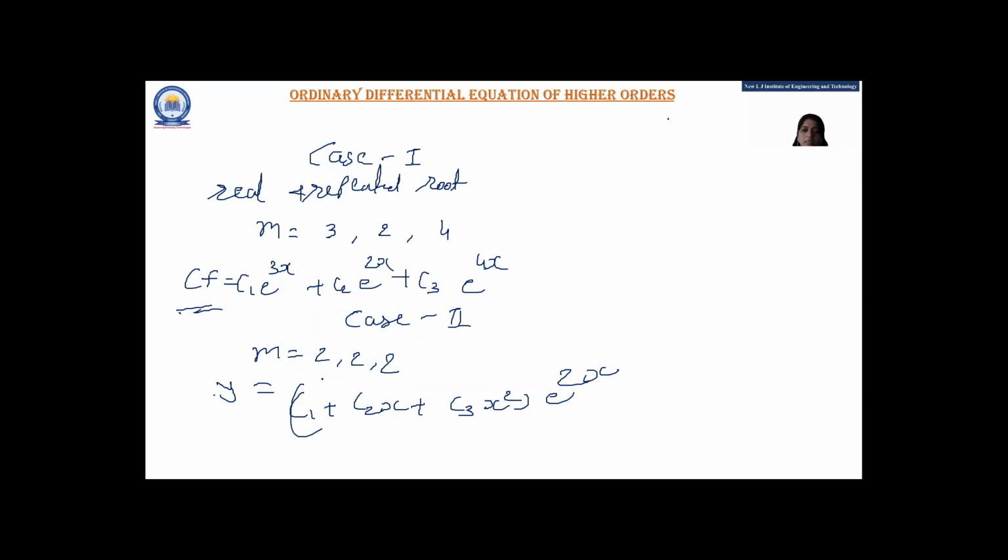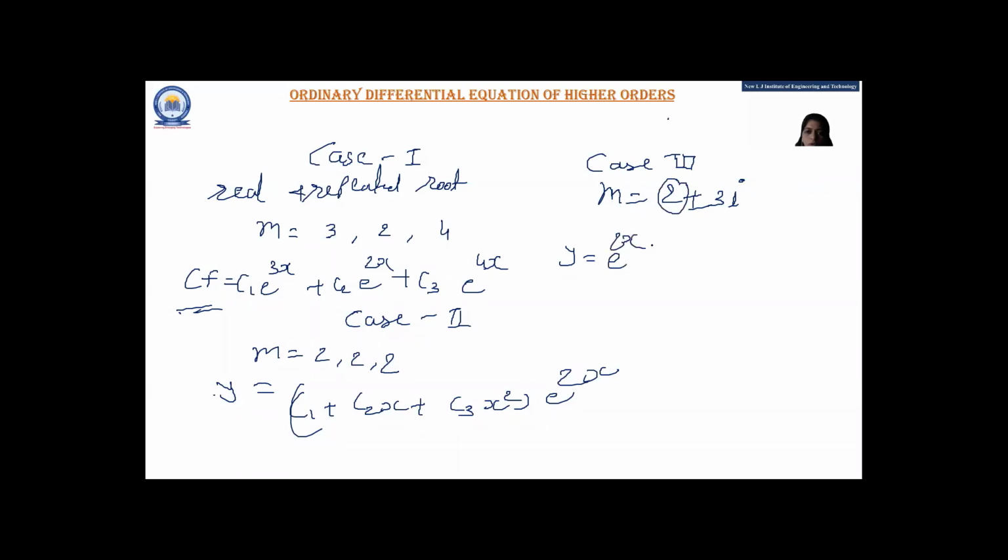And the third case is for the complex root. For the complex root m equal to 2 plus or minus 3i, here our real part is 2.